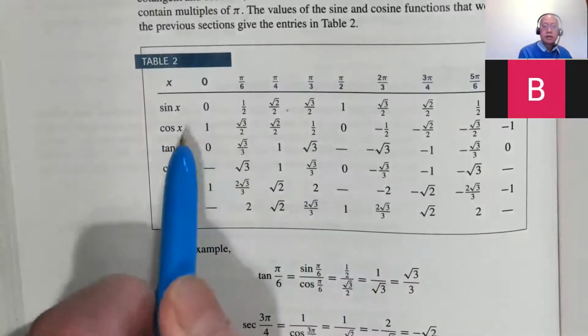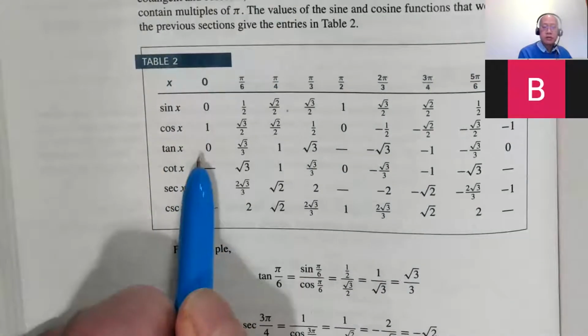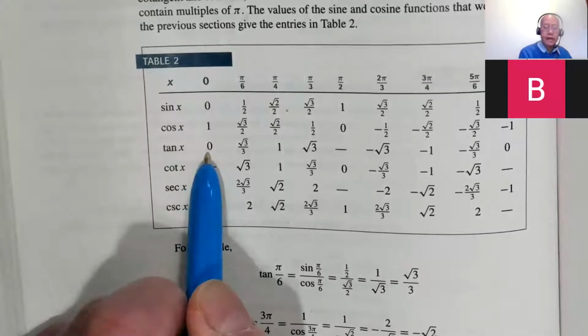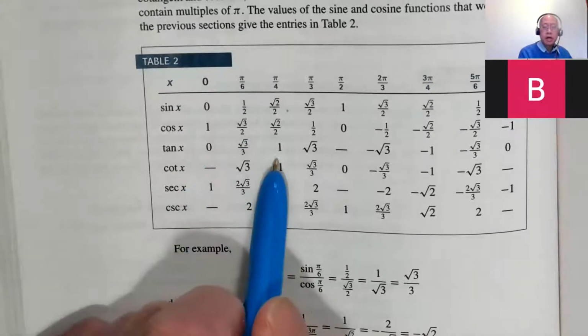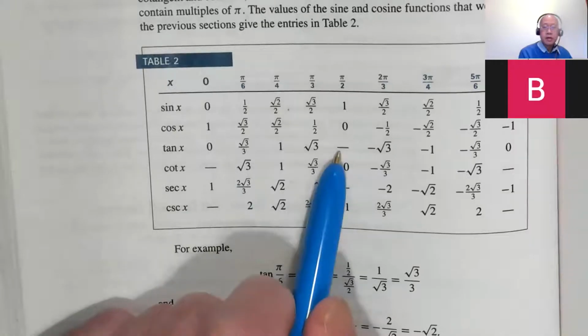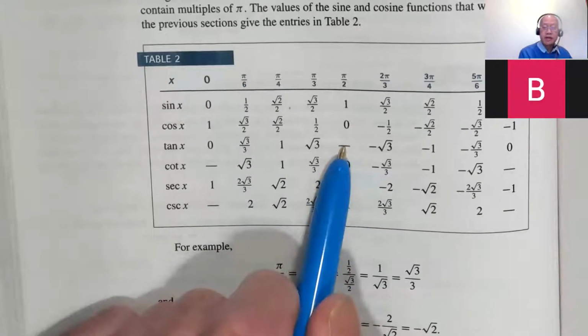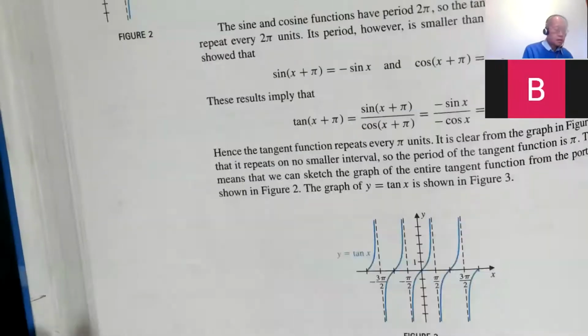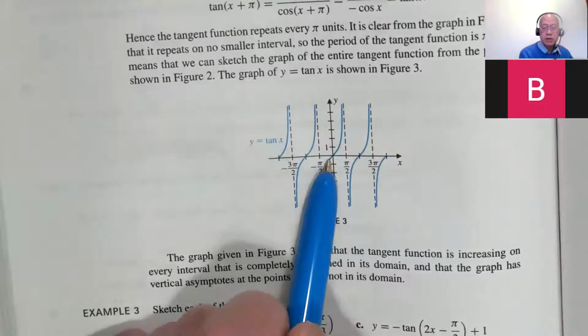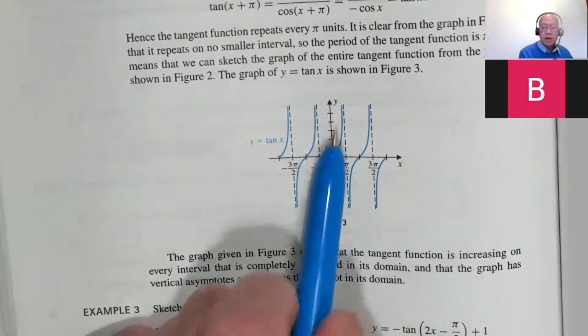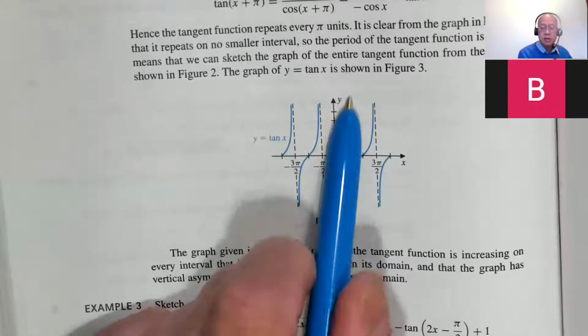Okay, so between 0 and pi over 2, tangent goes to the origin. At pi over 4, the y value is 1, and then it becomes infinite. It goes to infinity. So that means here's 0, 0, pi over 4, comma 1. At pi over 2, I have a vertical asymptote and it shoots up.